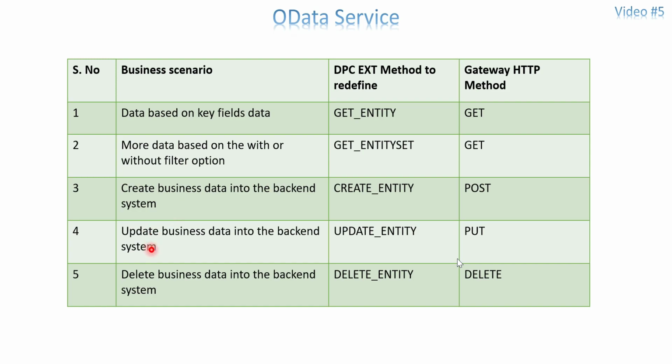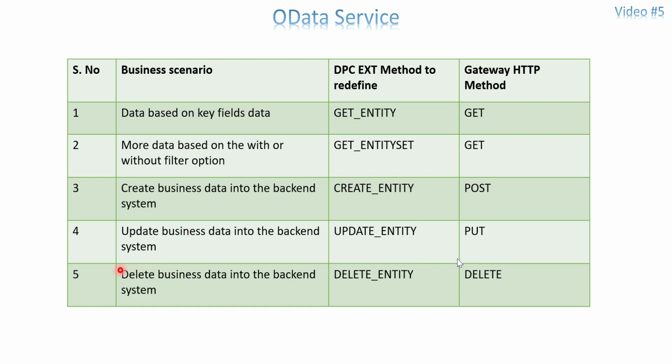In the same way, I have to update the business data based on the user input. For that, in DPC we have a method called update entity. It is triggered from the gateway if we use the HTTP option called PUT. Then it will automatically call the update entity method.